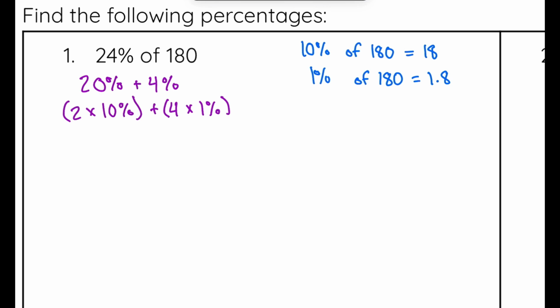So now we want to substitute our 10% value and our 1% value in for 10% and 1% in our expression. So we have 2 times our 10% value, which is 18, and 4 times our 1% value, which is 1.8.